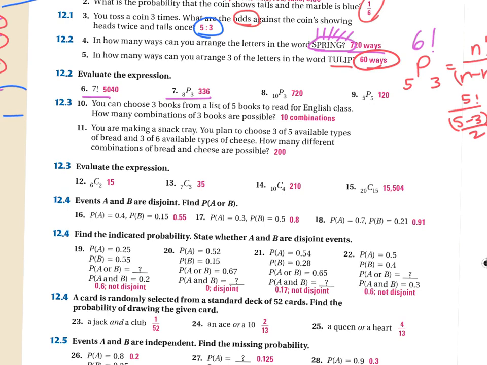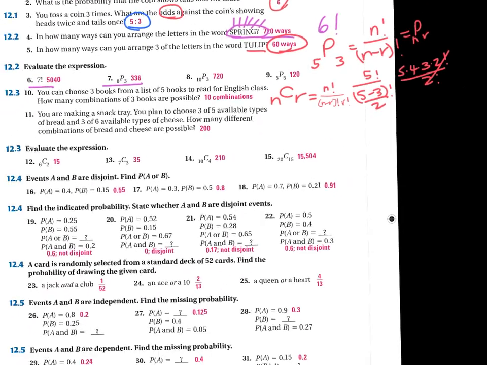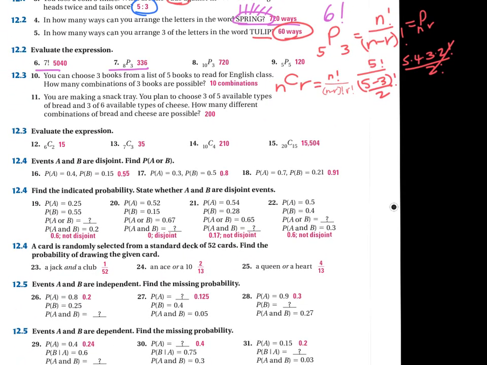So this is now a combination. The order doesn't matter in which you're reading these books. And combination, the CNR, would be n factorial over n minus r factorial, just like permutation, except you add the r onto the end. So for something like 10, 3 books is your r, 5 books is your n.